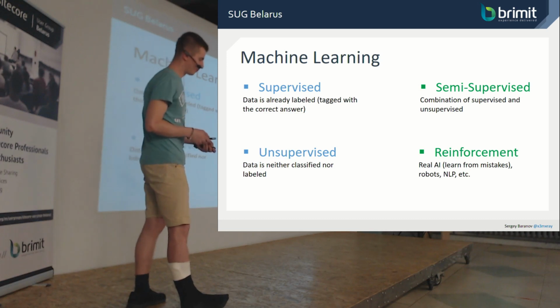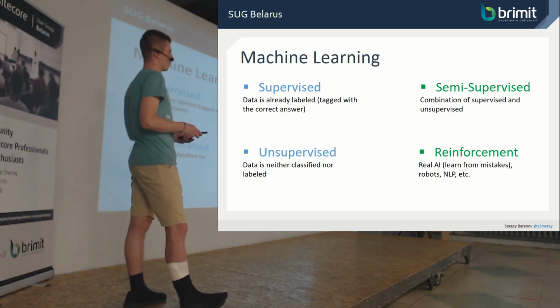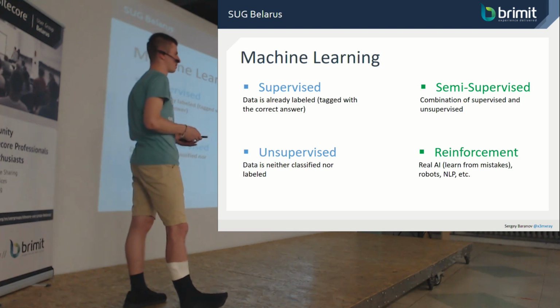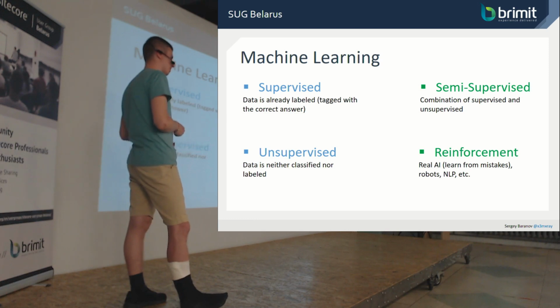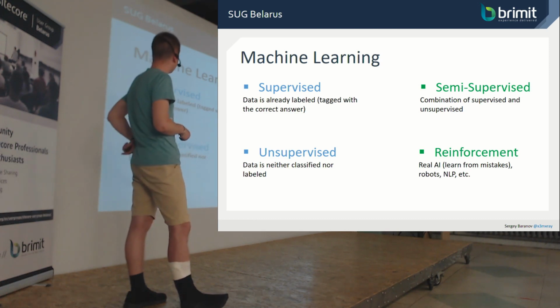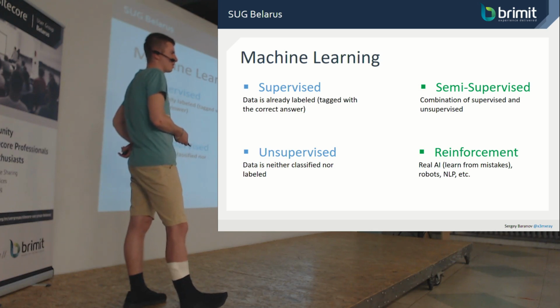For example, just imagine we have customers and we have a special contact facet named contact type. For example, it's an enum and can have values like developer, QA, marketer, sales. A lot of our customers have this facet set, but the rest of the contacts don't. And we want to predict the contact type of an unknown contact.